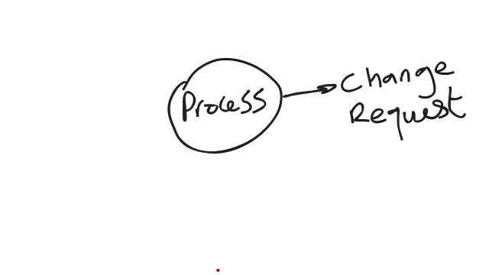Any process can generate a change request once the project is live and active in executing, or you're in monitoring and controlling. You can expect to find change requests as a result of that process. Also, in the planning process group, a number of those processes could give you a change request as well.